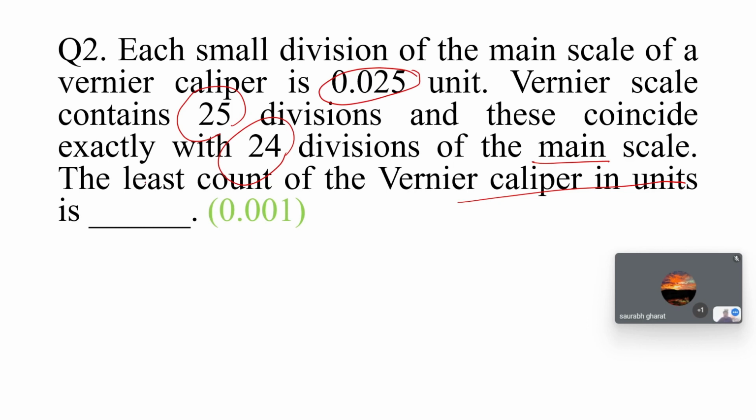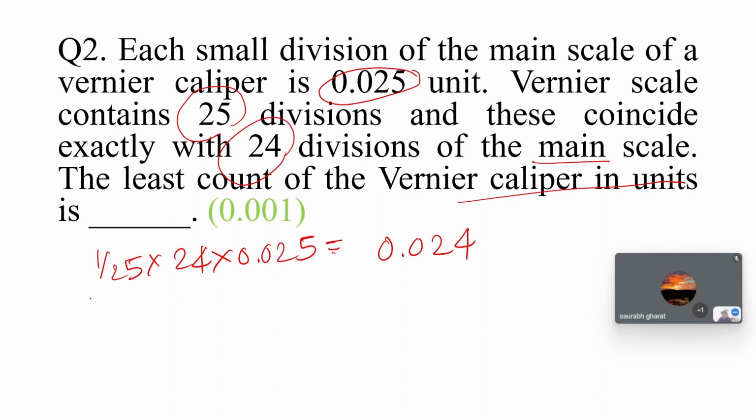In my assignment I told you, if you go through it, one vernier scale division will be 1 by 25 into 24 divisions coinciding on the main scale. So this will be your answer.